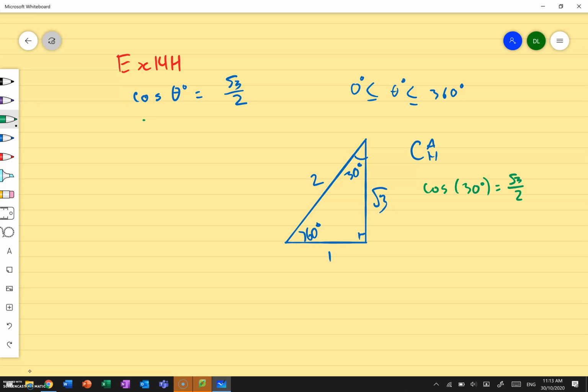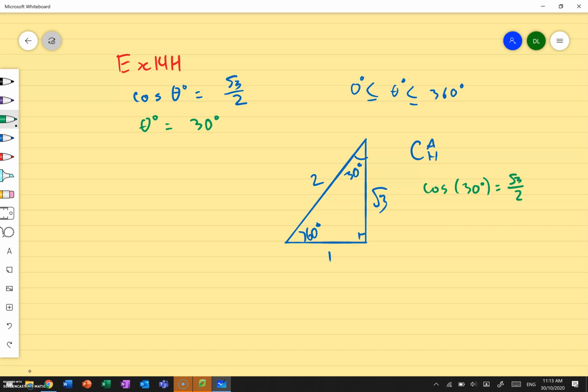So I know that theta can equal 30 degrees. Does that make sense so far? What I've done is I've referred back to my special triangle or my exact values table, whichever one you prefer, and I've identified that theta can be 30 degrees in order to get this root 3 on 2.